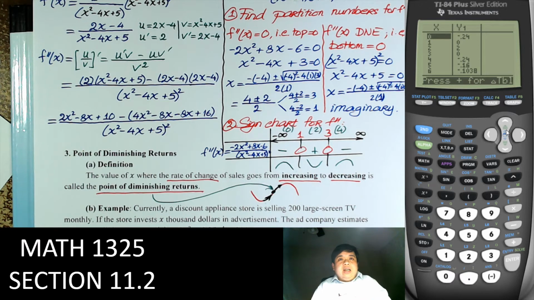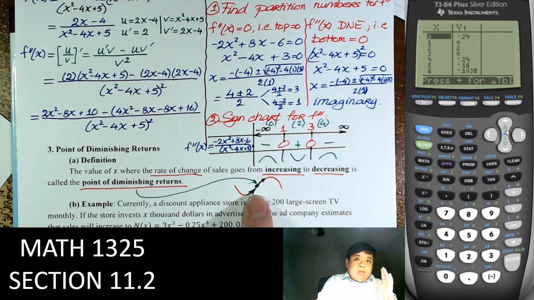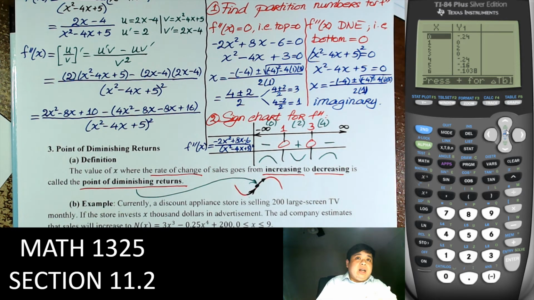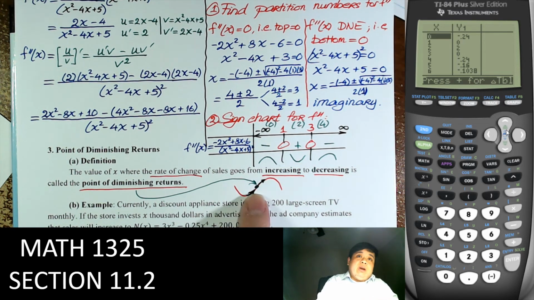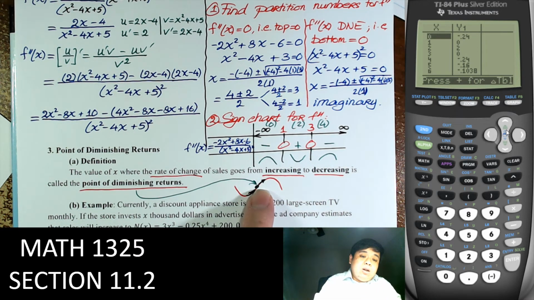In terms of business, let's say we run an ad campaign. When we get close, we try to put a lot of money into the ad so that the sales will increase. But when we pass that point, even though we can put a lot of money in, and the sales may increase, it will not be by much, because after that point the increasing gets smaller, eventually going to decreasing.